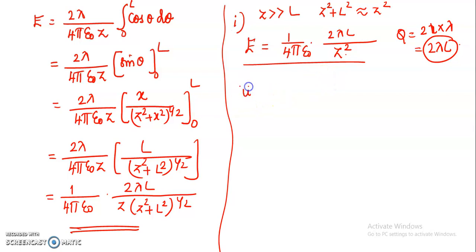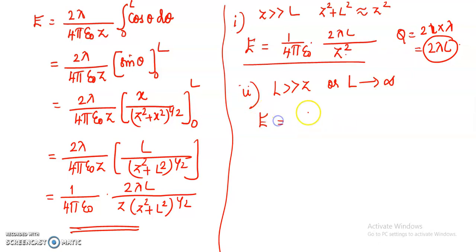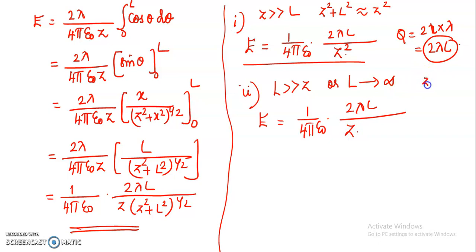The other limiting case is L very much greater than z, or L tends to infinity. If the line charge has an infinite extension, then the equation for electric field becomes E equals 1 by 4 pi epsilon 0 into 2 lambda L divided by z into (z square plus L square), which tends to L square.